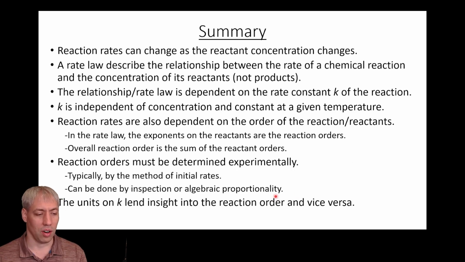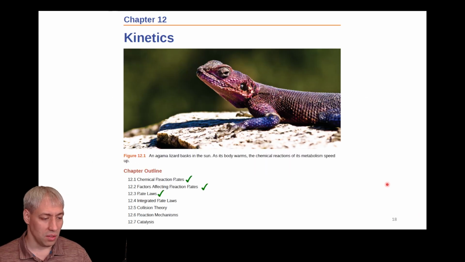We have orders for the overall reaction, and we must determine those experimentally. We take the initial rates and changes in concentration. We can do inspection or algebra to figure that out. And that gives us the rate law of the reaction. Also, we have k, which has different units on it depending on what the order of the reaction is, and it's because it has to. All right, so that closes out our rate laws.